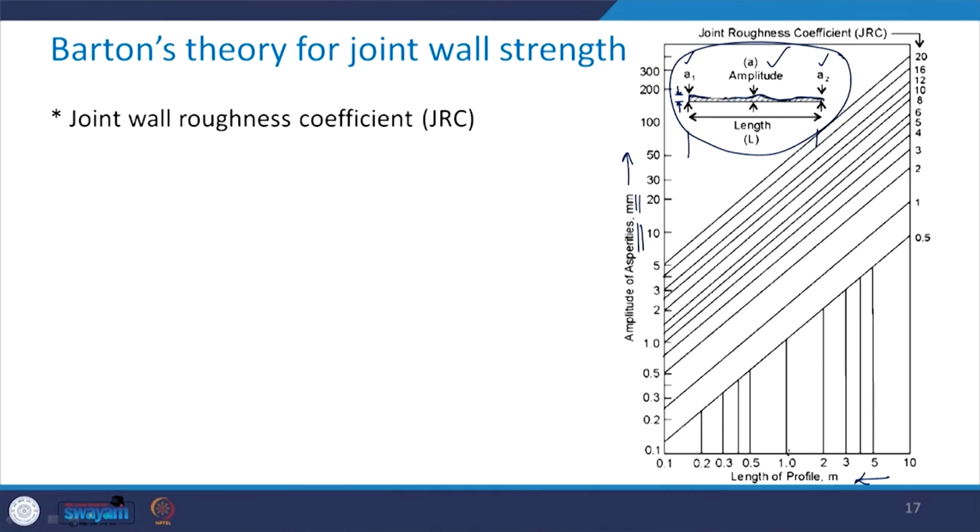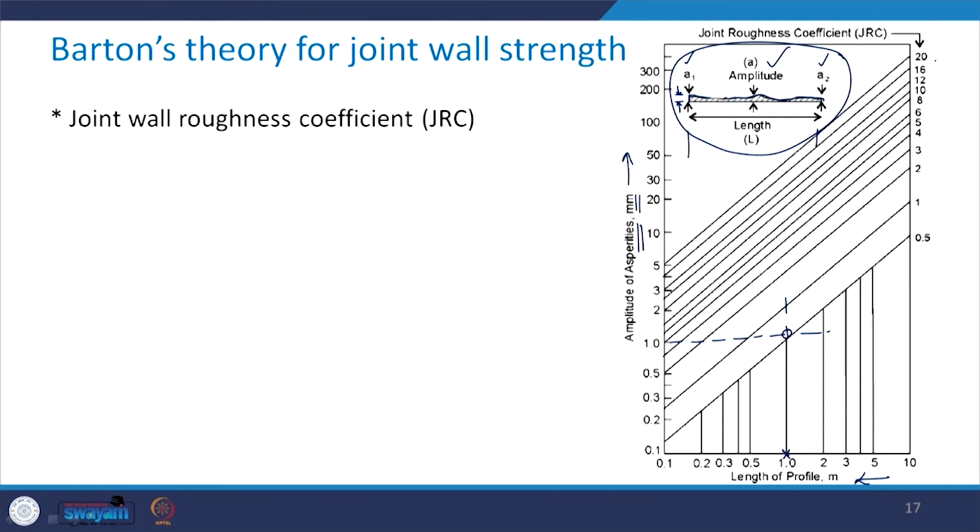Now, if the length of the profile is, let us say, 1 meter, and the amplitude of the asperities is, say, 1 millimeter, I will take it like this and extend it, and it intersects somewhere here.